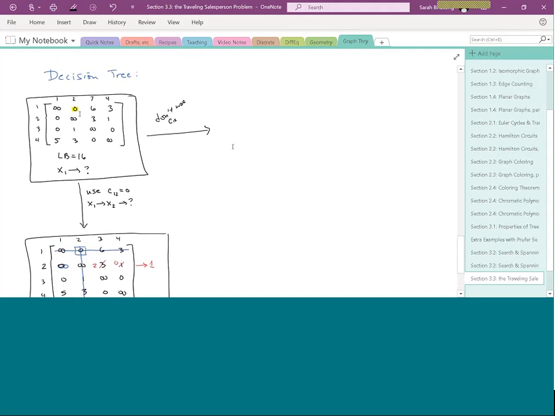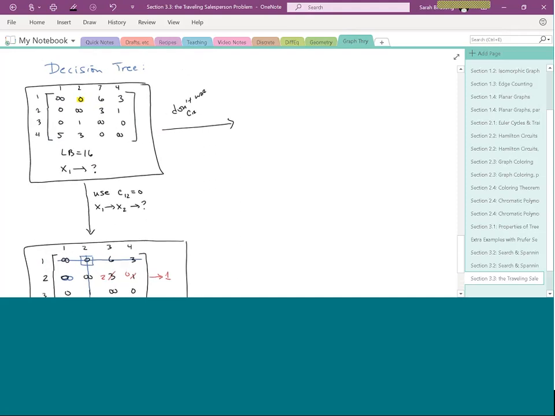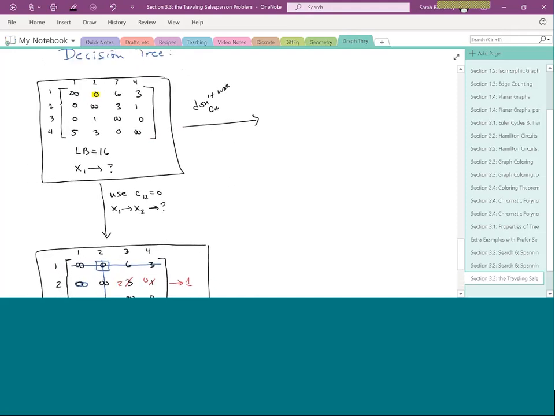Now suppose we don't use that highlighted entry, the entry in the cost matrix of C12. What changes? Okay. Well, we're still going to have a cost matrix. So let me go ahead and copy down our cost matrix. So we'll have the infinity, the 0, the 6, the 3, the 0, the infinity, the 3, the 1, the 0, the 1, the infinity, the 0, the 5, the 3, the 0, the infinity.